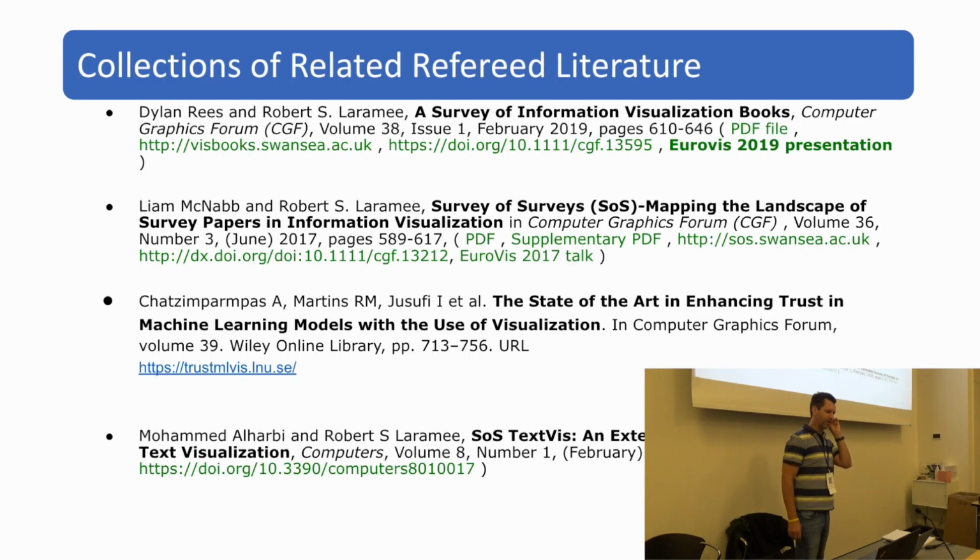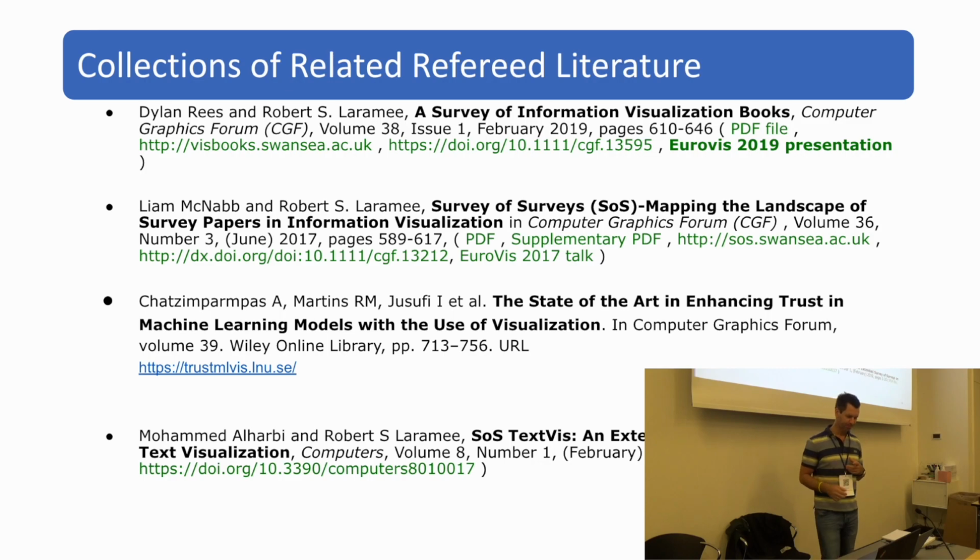So we have recommendations on related refereed literature. If you want to get an overview of information visualization as a field, you can look at this survey of information visualization books. If you're trying to get an overview of the whole field of research in information visualization, you can check out the SOS, the Survey of Surveys.